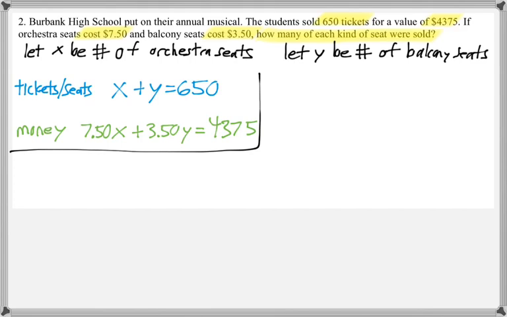So now I just need to solve it. You can solve by elimination, you can solve by graphing. I'm going to solve by substitution. So I'm going to isolate the blue y. You could isolate another variable if you wanted to. And I'm going to plug that in here. So I'm going to copy the green equation.